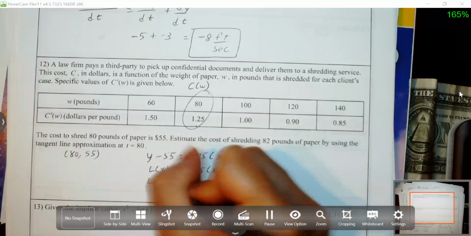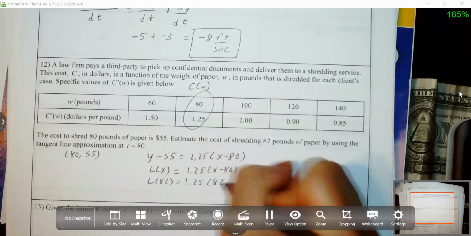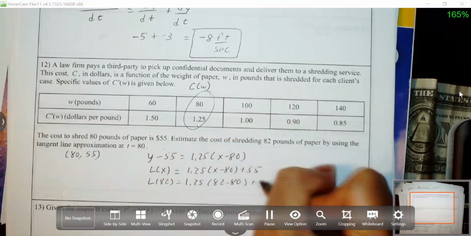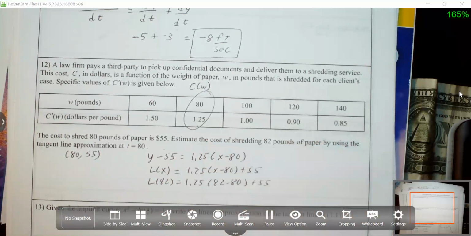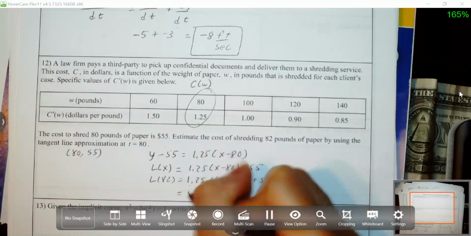So L of 82 is equal to 1.25(82 minus 80) plus 55. And this should be pretty simple. You could do it on a calculator, but this is just 2 times $1.25, which is $2.50. $2.50 plus 55 is 57.50.